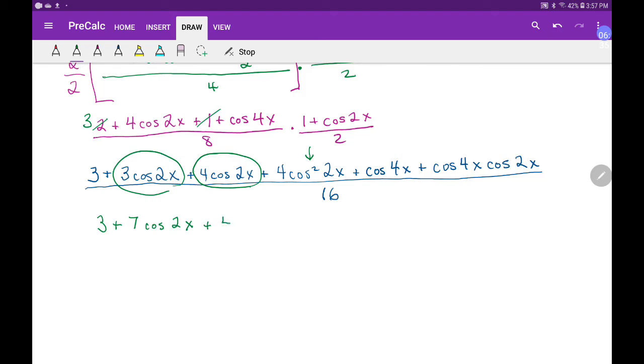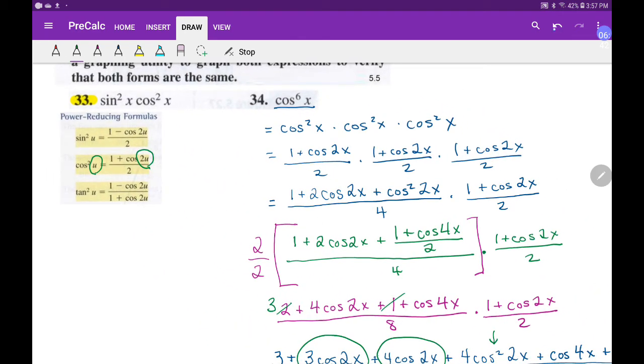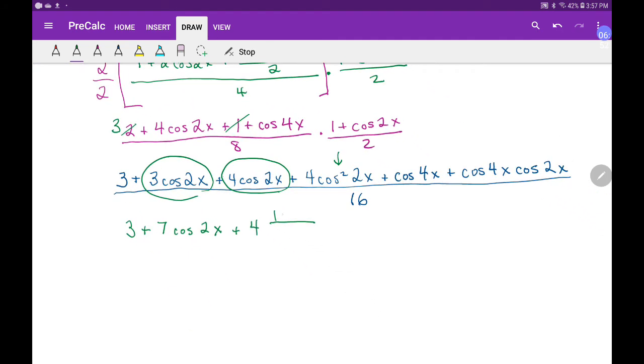I have 4 times what? Well, it's 1. I look at the formula again. It's the same formula right here. I'm doing the same thing again. So it's going to be 1 plus the angle doubled. Okay, so cosine 4x over 2. Okay, and it's times 4 here because the 4 is out in front. Plus cosine 4x.